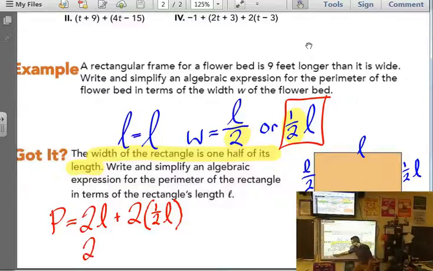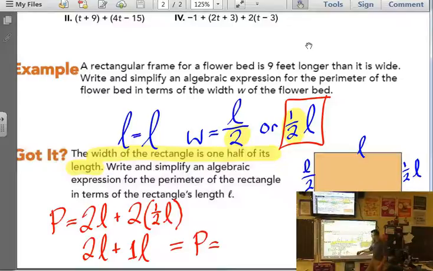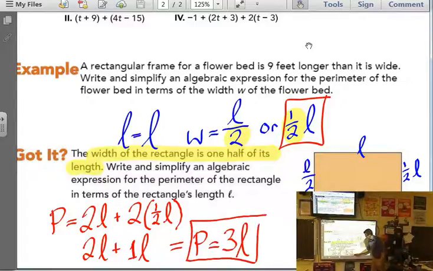So this becomes 2L plus 1L, and the perimeter ends up being 3L. Because think about it. You have 1L, another half L, another 1L, and another half L. These 2 halves combine to make a whole. Any questions?